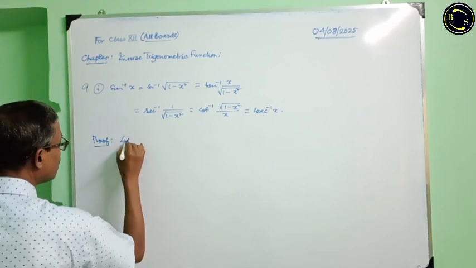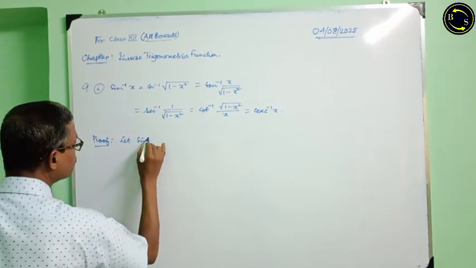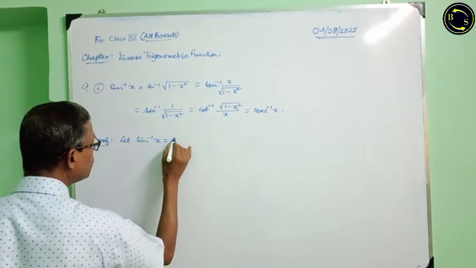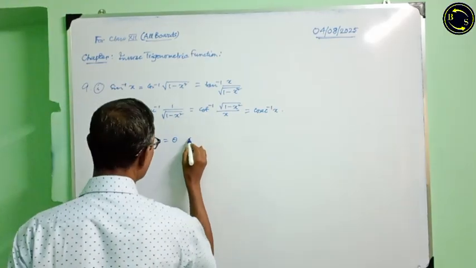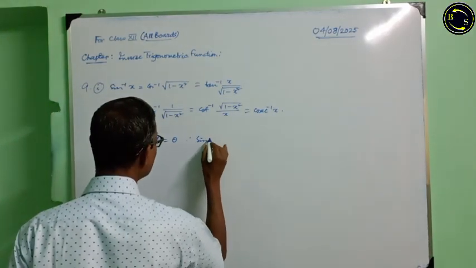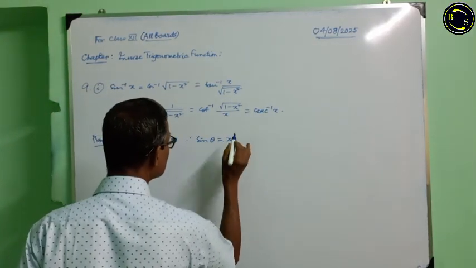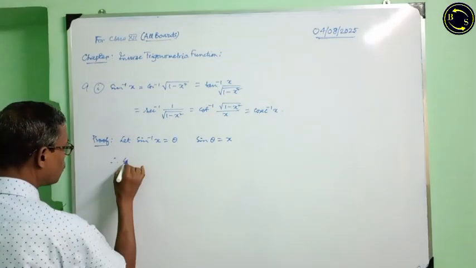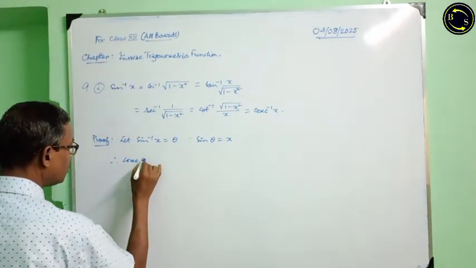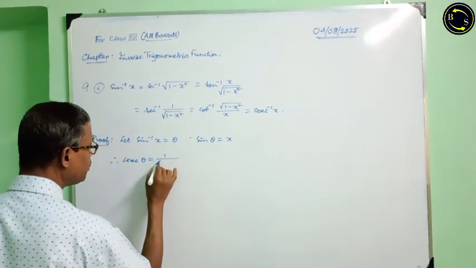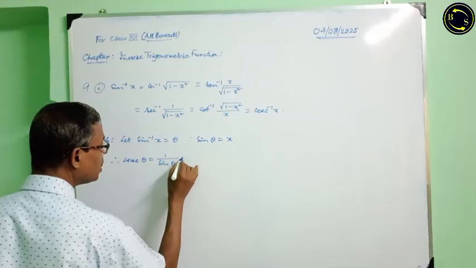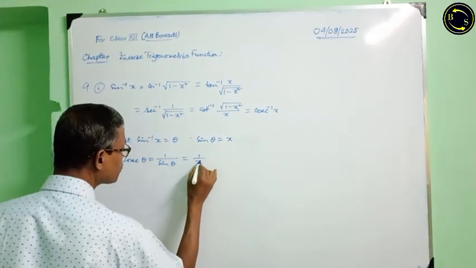Let sine inverse x equal to theta. Therefore, sine theta equal to x. Therefore, cosec theta equal to 1 by sine theta, that is equal to 1 by x.